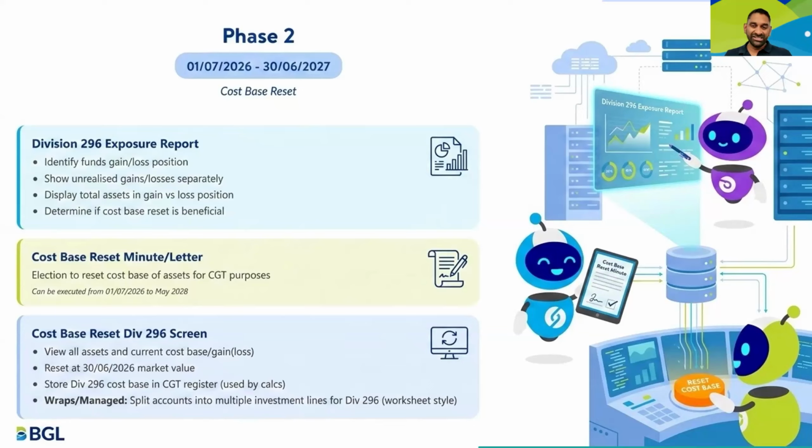As part of our CGT register, we will anyway need to maintain two separate cost bases, one just for your basic accounting and tax purposes, and one specifically for Division 296, assuming you opt to reset that cost base at 30th June. So we'll give you a worksheet or a separate screen where you can tackle all this.